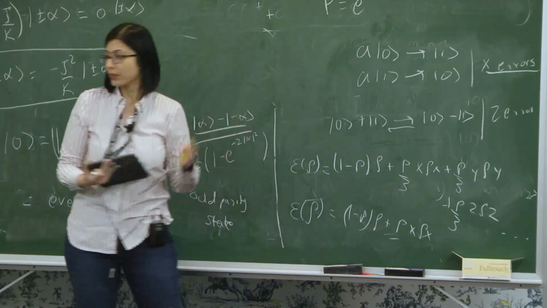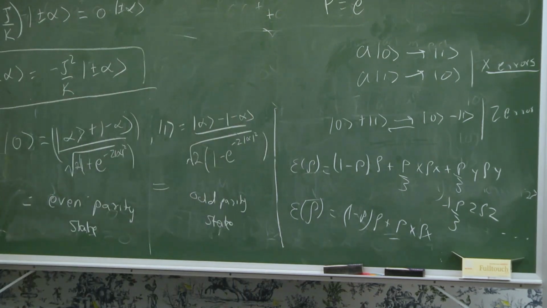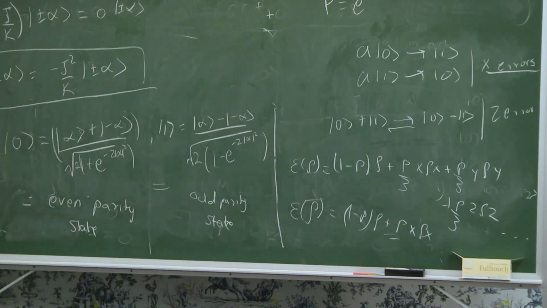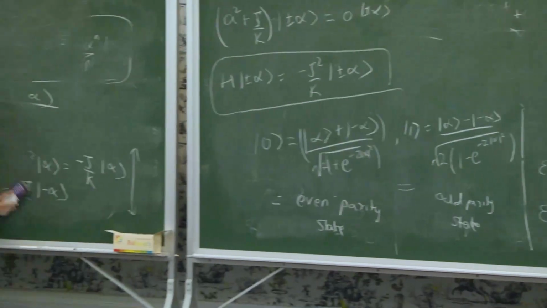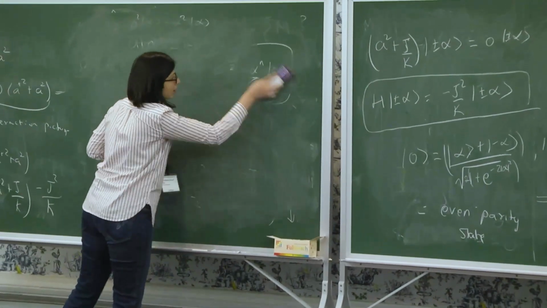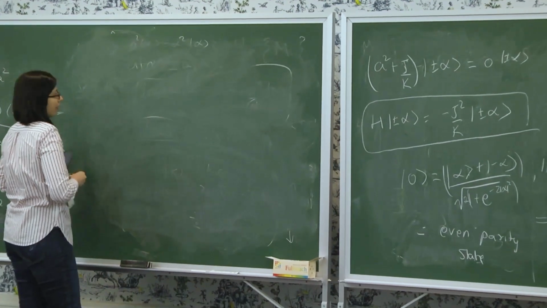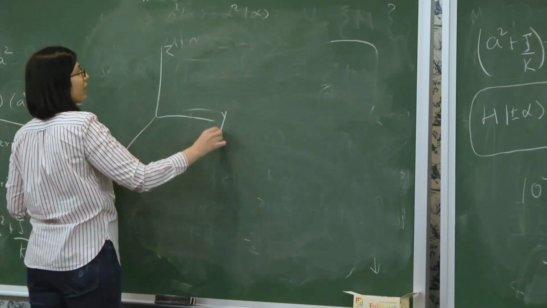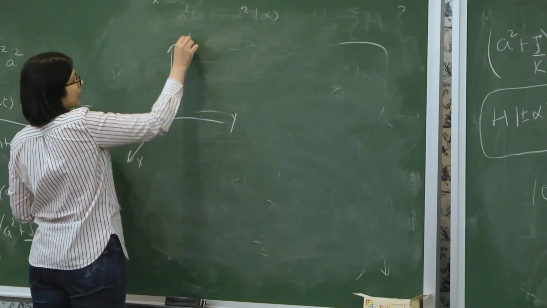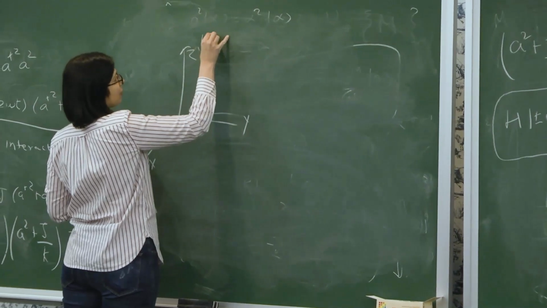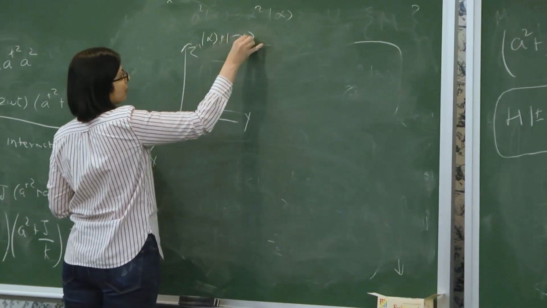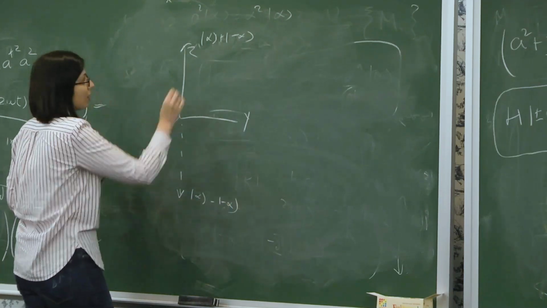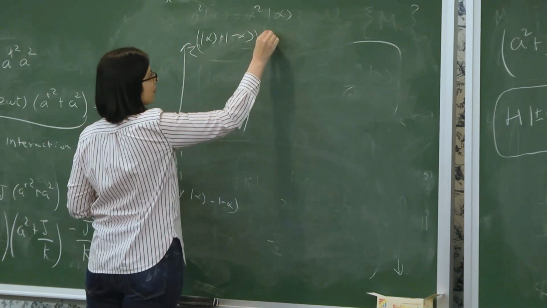So they draw their Bloch sphere like this: Z, X, Y. The Z-axis is alpha plus minus alpha, and minus Z is alpha minus minus alpha, with the normalization constant.